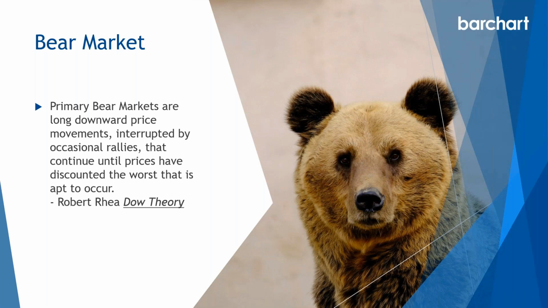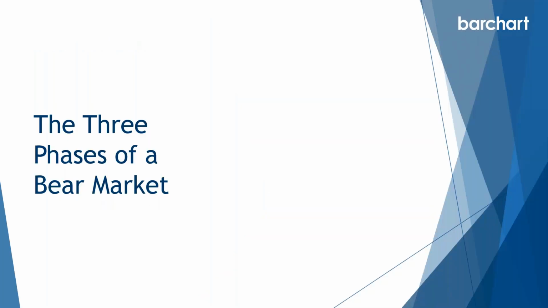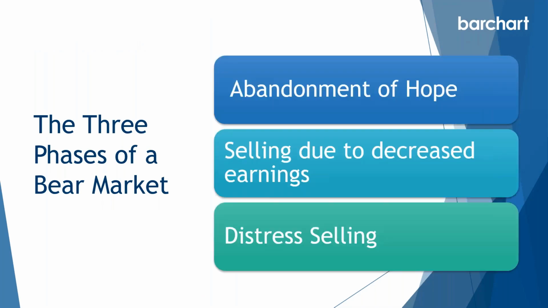In other words, bear markets end only after market prices fall below a line of value. Ray went on to characterize bear markets in three phases: abandonment of hope, selling due to decreased earnings, and distress selling. So what is Ray telling us with these three phrases?